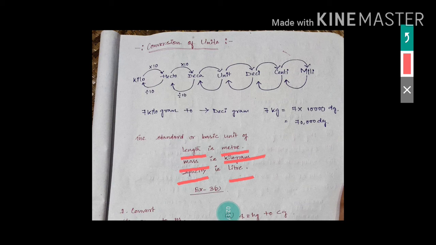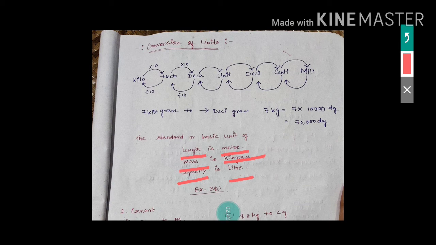Suppose I ask what is the capacity of this bag, then you will say this bag can carry 1 liter, 2 liter, 3 liter. So liter is the base standard unit of capacity. If I ask what is the weight of this book, or what is the mass of this book, mass means weight only.